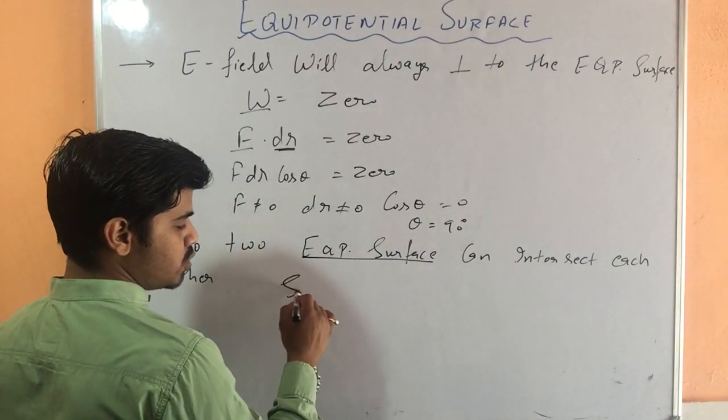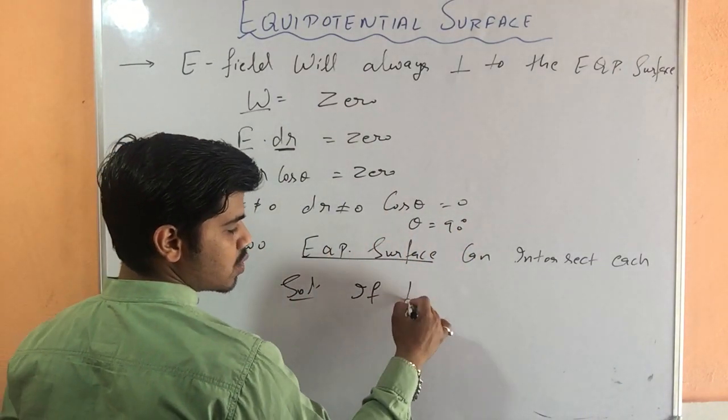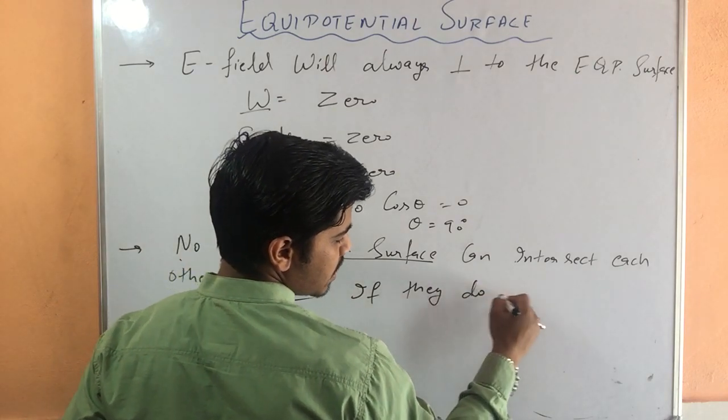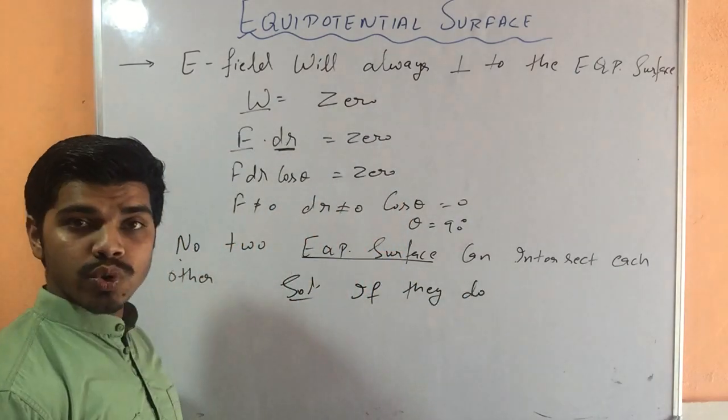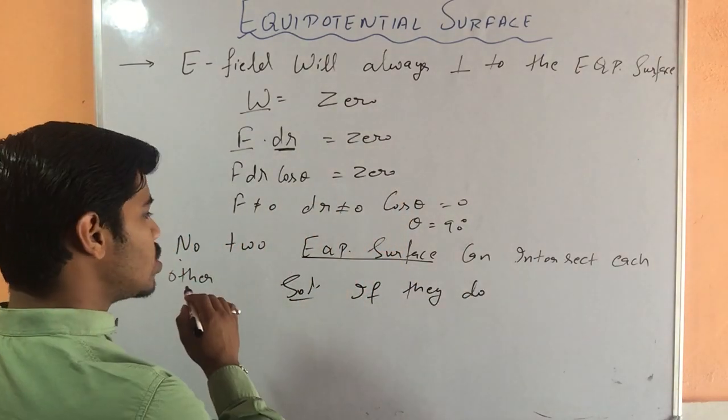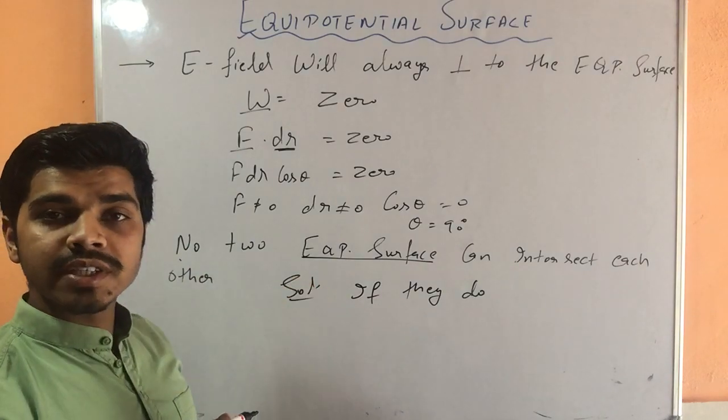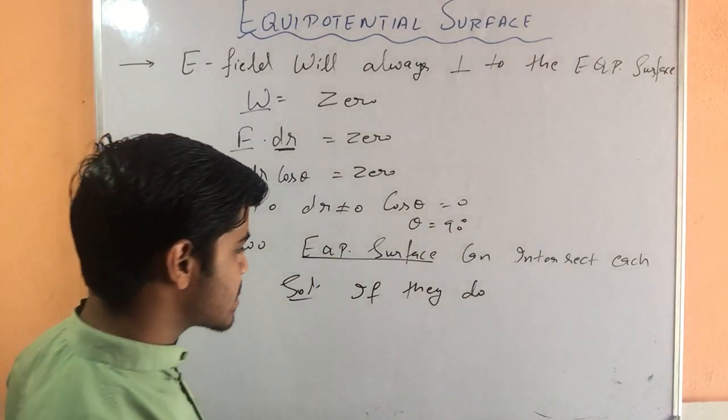This is our conceptual question: no two equipotential surfaces can intersect each other. Why? Explain.